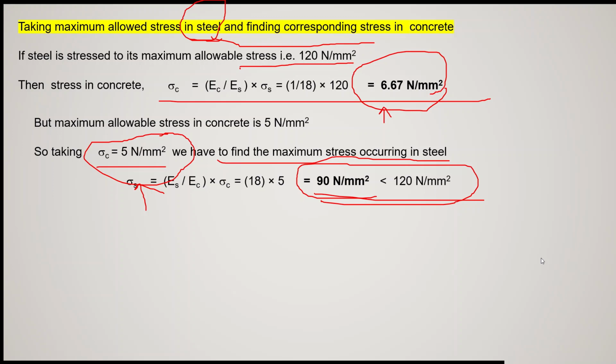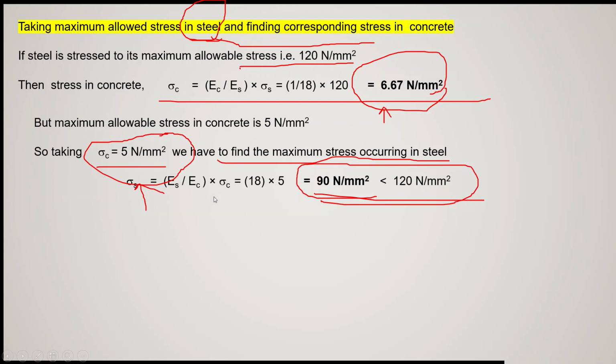So the maximum stress allowed in concrete is 5 Newton per millimeter square. We can't stress it beyond 5. So let us consider that concrete has reached its maximum stress of 5 Newton per mm square, and correspondingly, what will be the maximum stress occurring in steel?